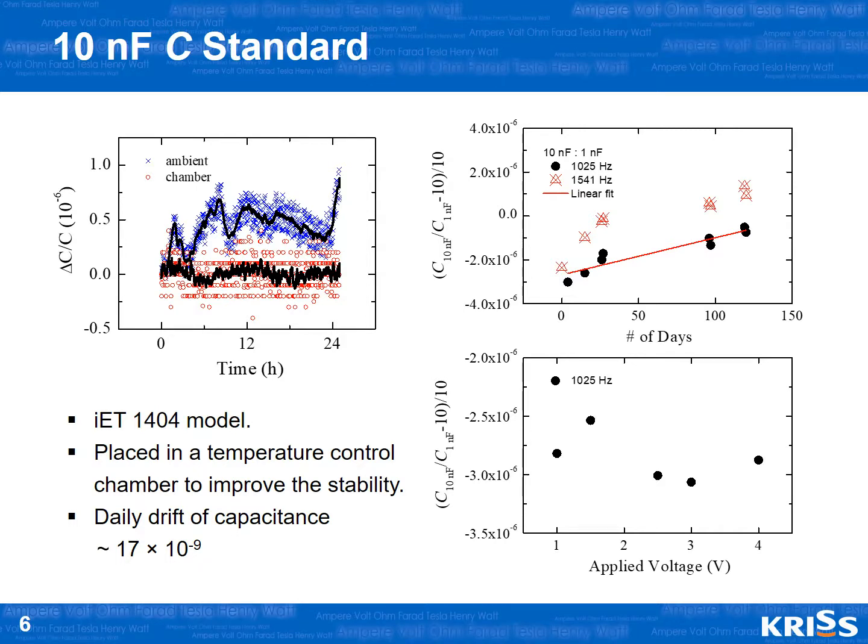The drift is observed to be around 17 times 10 to the minus 9 per day of the measured value, and is believed to be the drift of the 10 nanofarad capacitance, since the drift of the 1 nanofarad capacitance is known to be 2 orders smaller. The capacitance ratio was measured against varying voltage, and it seemed to be constant within the range of 0.5 times 10 to the minus 6.